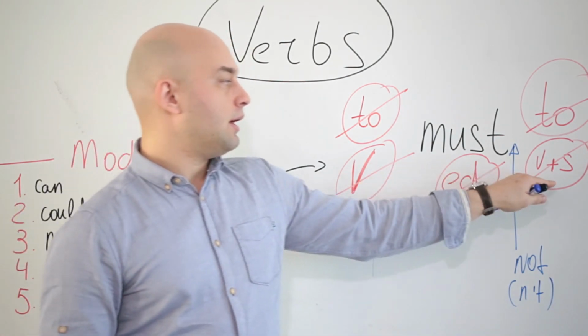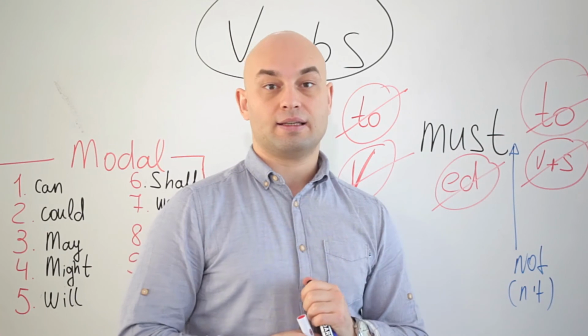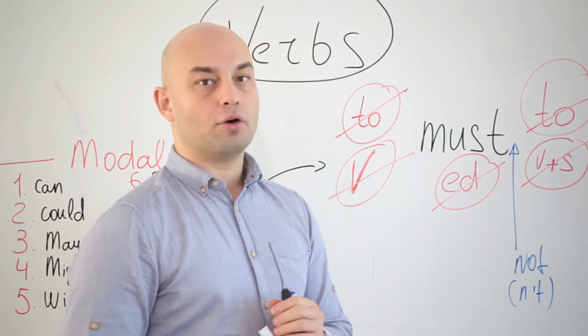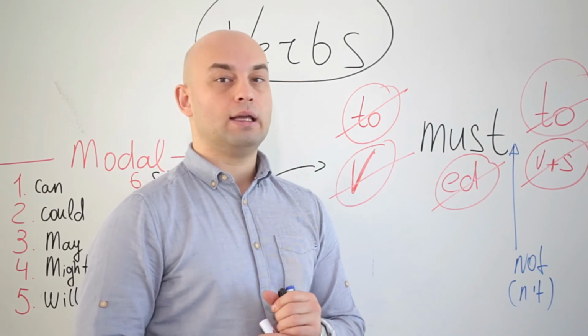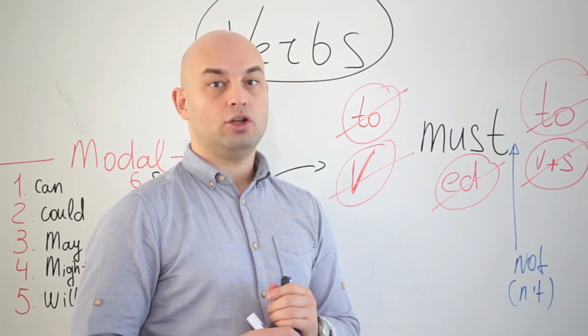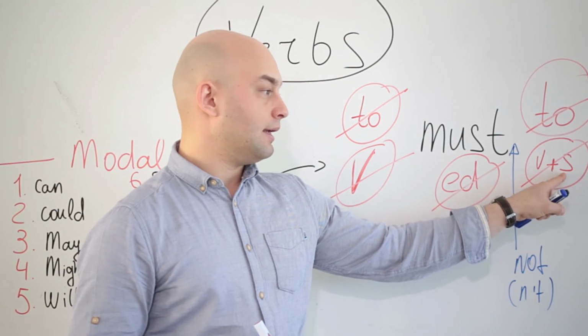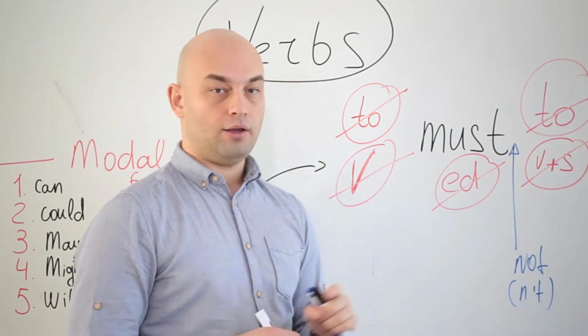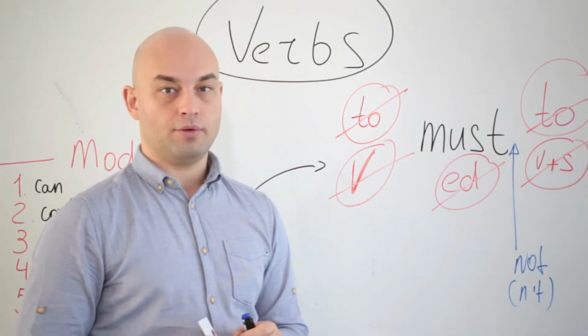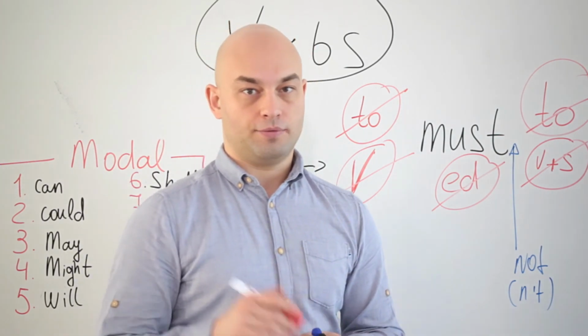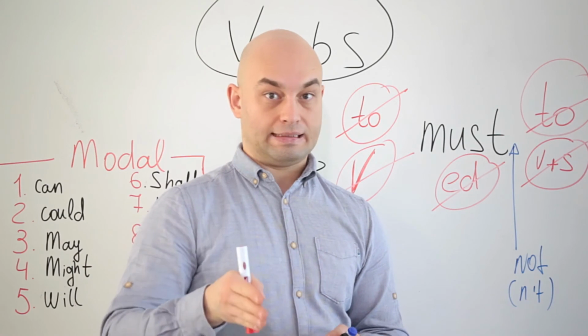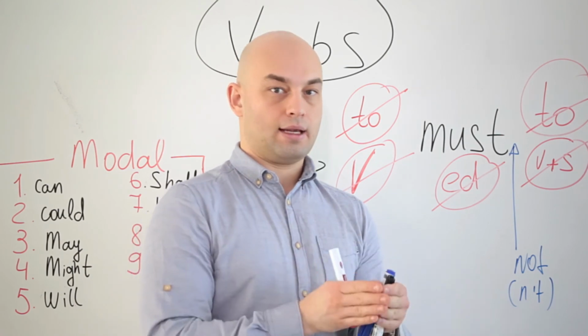And if you have a verb in the present simple for he, she, or it, remember third person singular in present simple, you cannot have the s ending if you have a modal verb before. For example, I go is present simple, but for her, for him, and for it, you add an s.